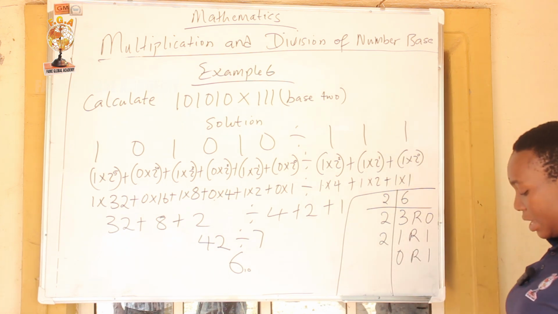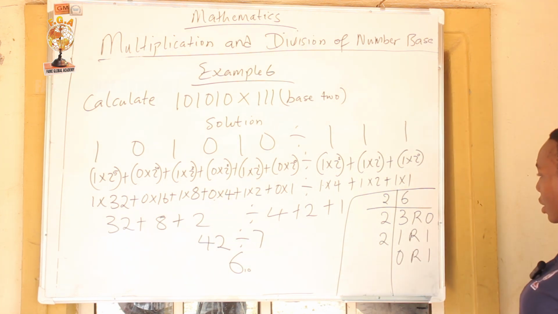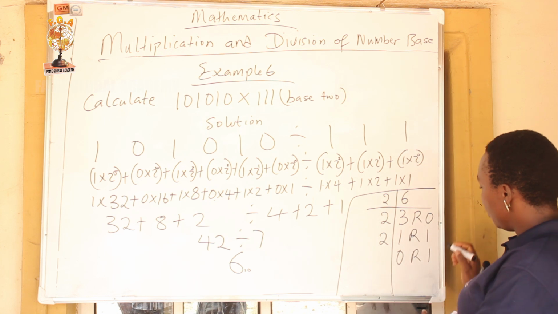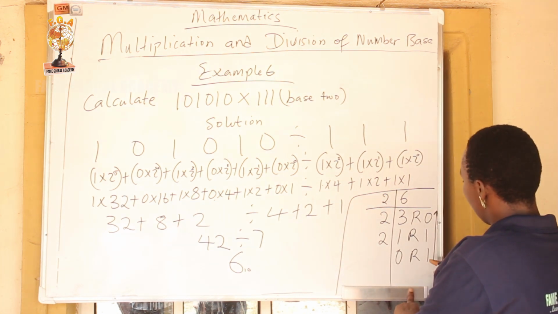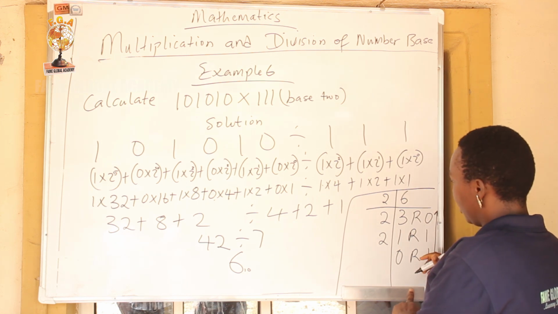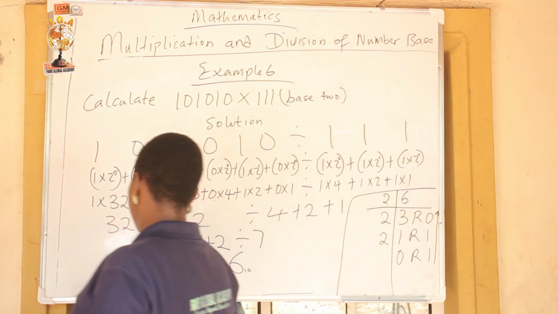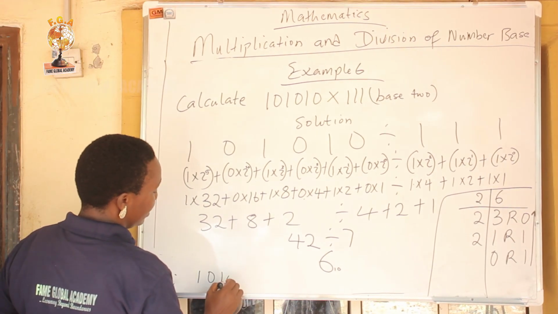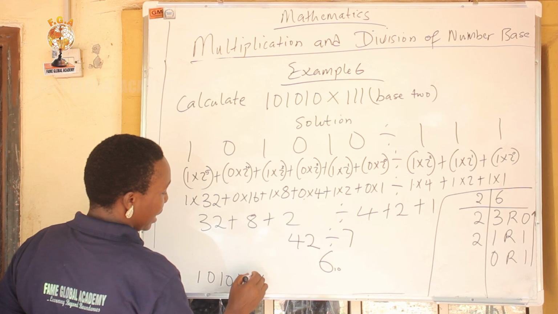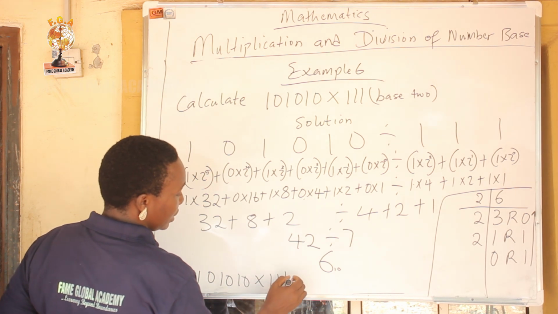Once we have 0 here, that's the end. So our answer, you read it from down up like this. Our answer will be 110. Okay, so therefore, 101010 times 111, the answer is what?